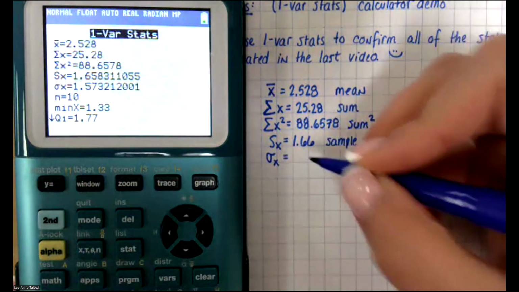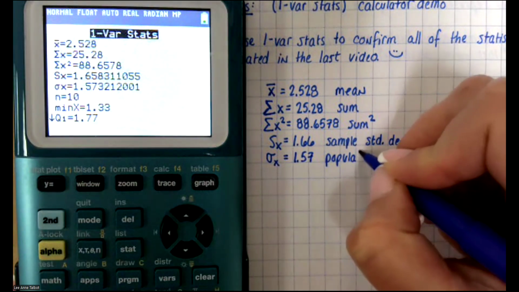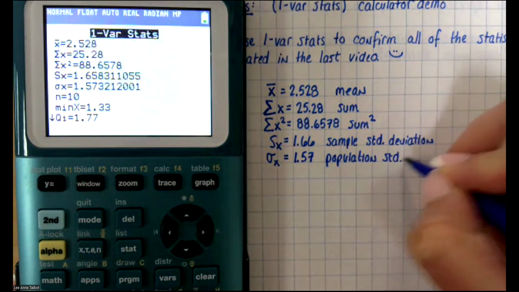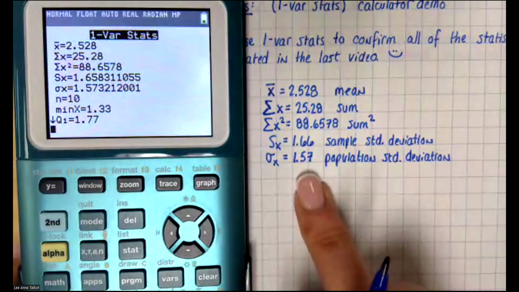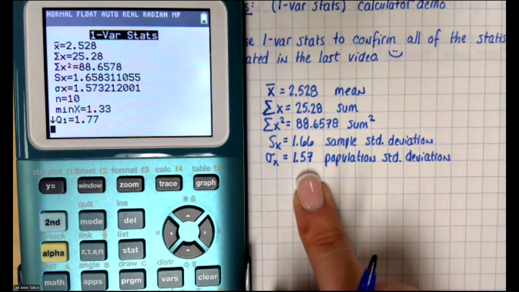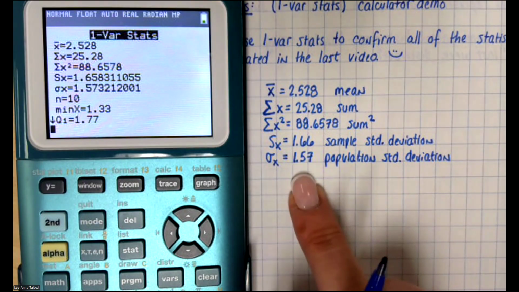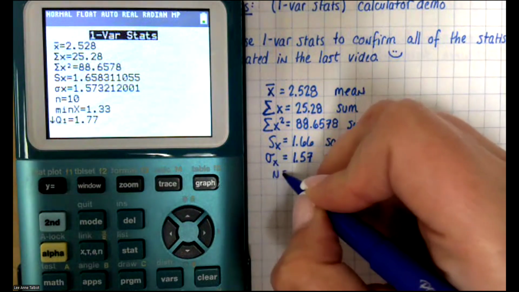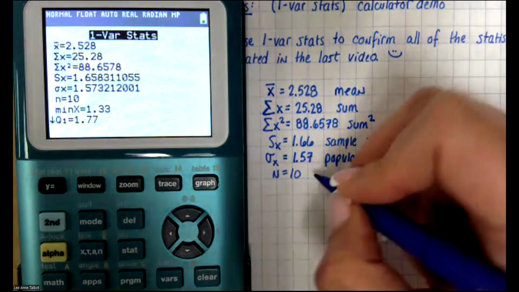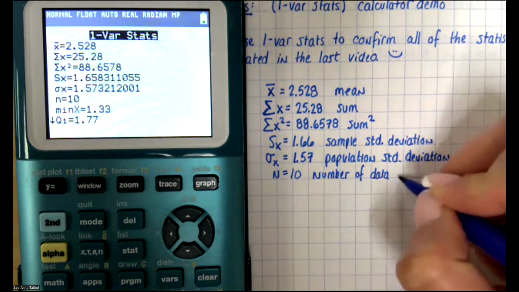This is population standard deviation. And this one is the same calculations except they divided by n instead of dividing by n minus 1. N minus 1 is a little bit more of a conservative estimate because it's a sample. And then it tells you n is 10. That's how many numbers you have, so the number of data values.